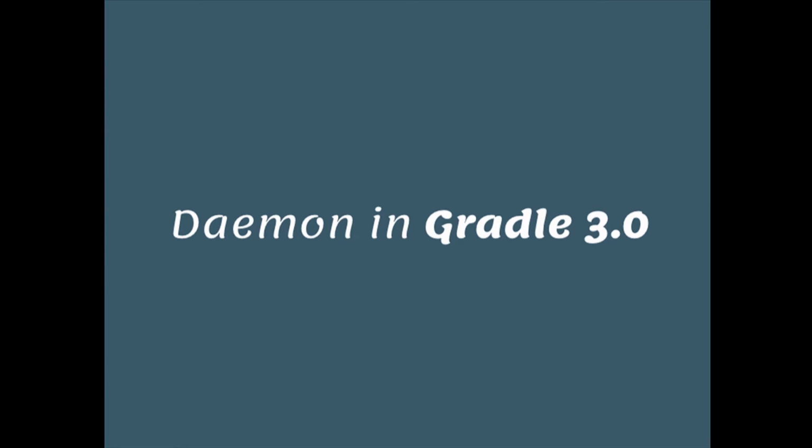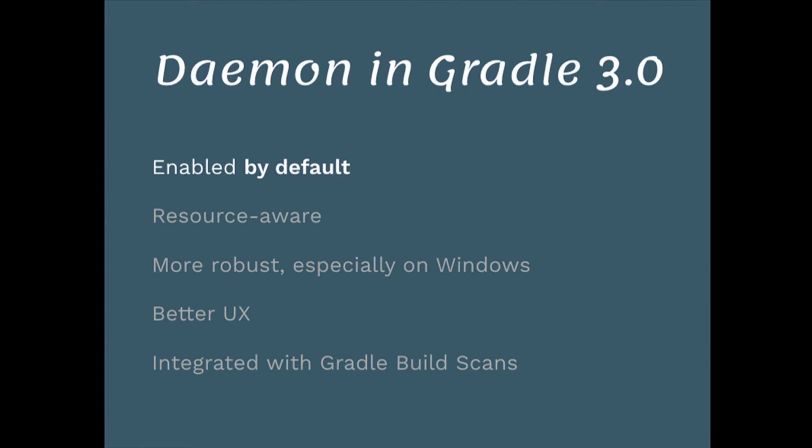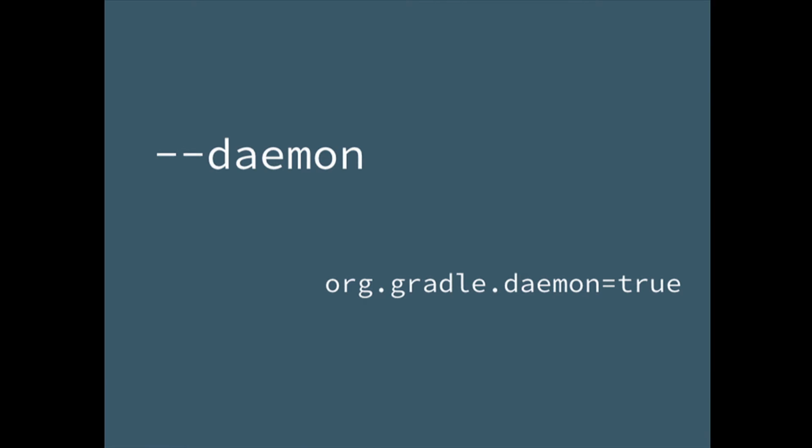Okay. So now you're familiar with the daemon, and I want to explain a little bit what we're going to do in Gradle 3.0 and what you can try out today. So first off, as you are probably aware, it's now enabled by default. That means that you no longer have to use --daemon or the Gradle Daemon true property.